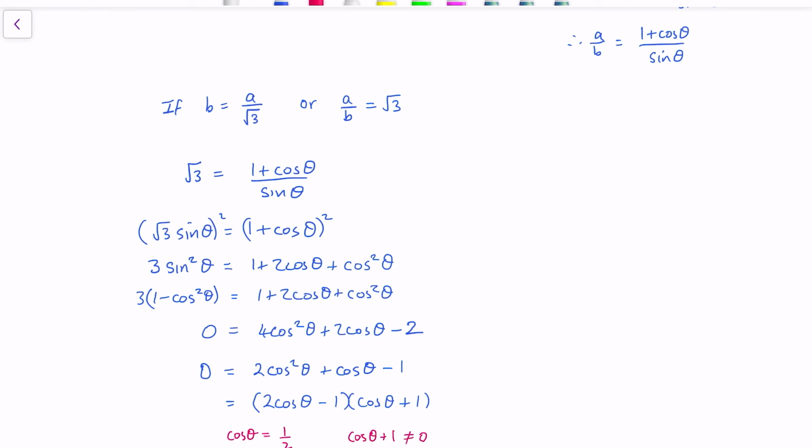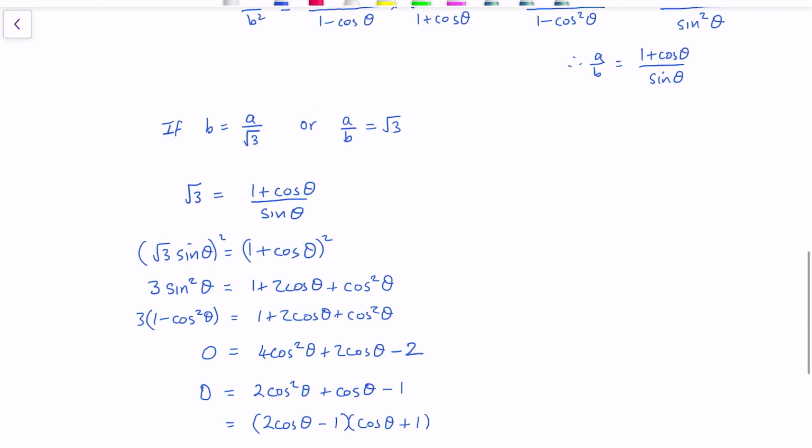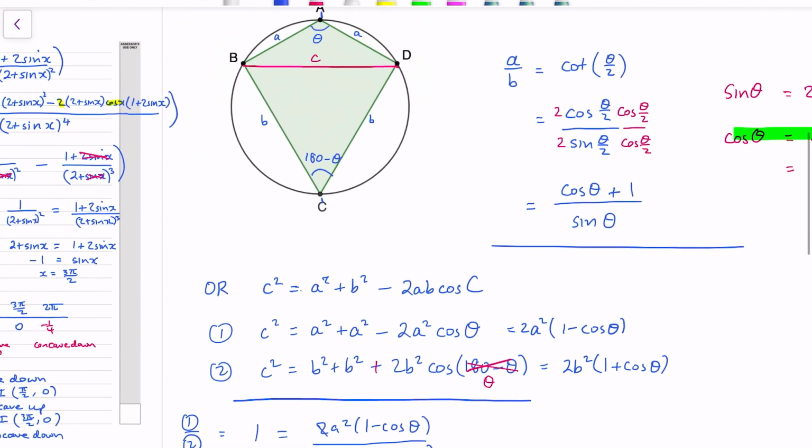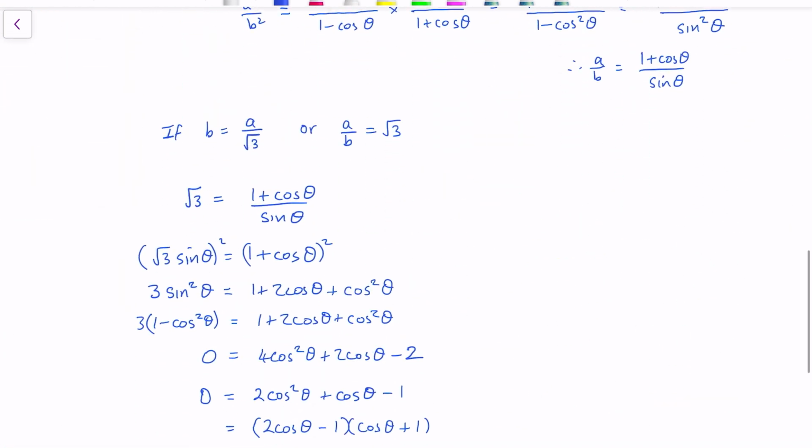It involves a quadratic equation involving a trig expression, but if you just go right back to the first equation we had, what was it? A over b equals cotan of theta over 2. Which is the same as b over a equals tan of theta over 2.